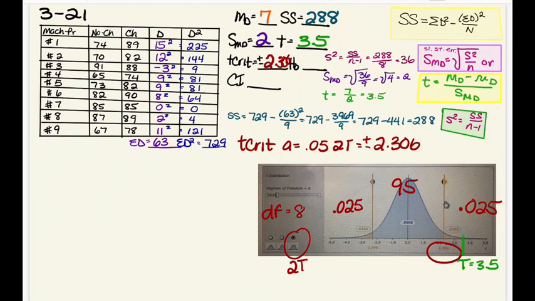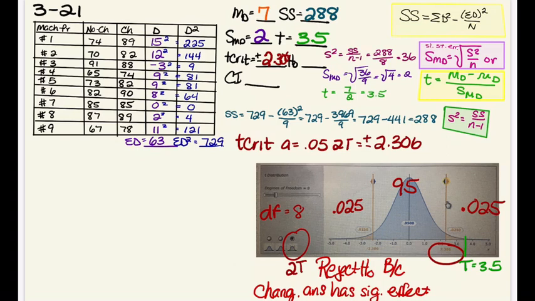And since our t value is well in the tail, we're going to reject the null because rethinking and changing answers on an exam has a significant effect.